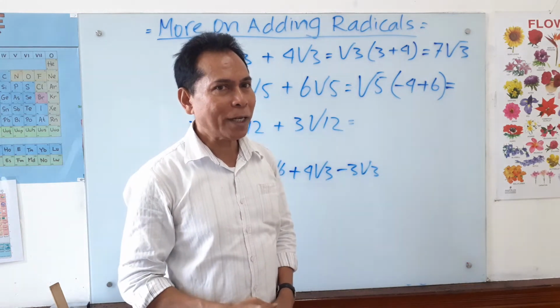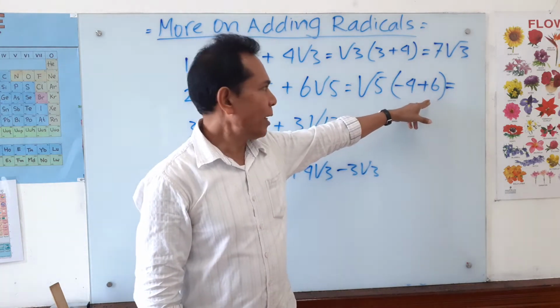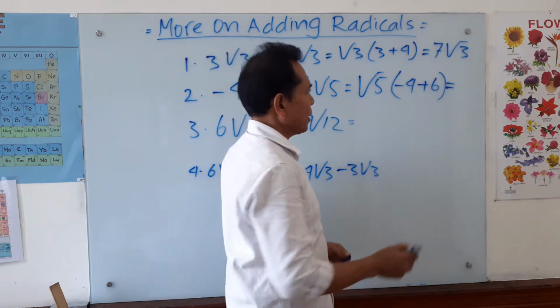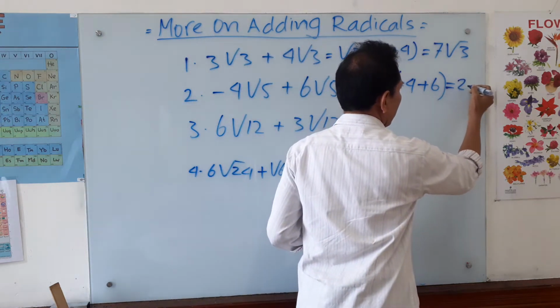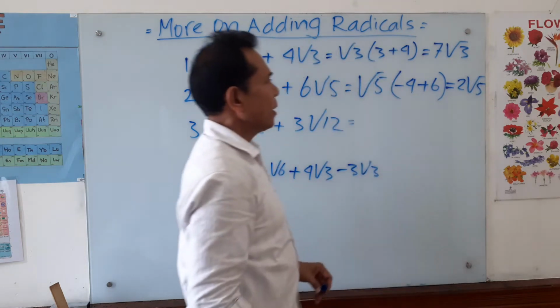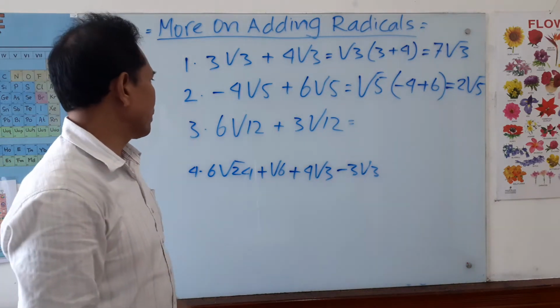But we look at the number, who is bigger? 6 is bigger. And the sign of 6 is plus, so we use plus. So minus 4 plus 6 is 2. 2 square root 5 is the answer for number 2.